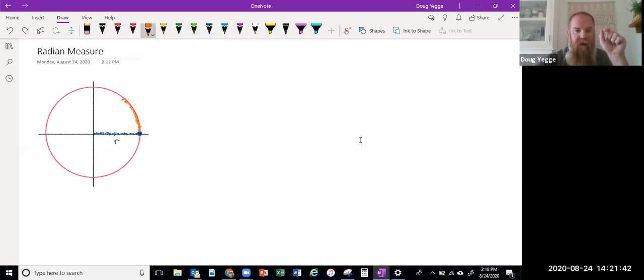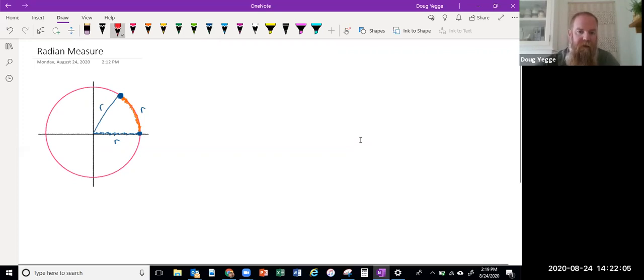Now the question is, where is that radius going to end? And it looks like it's probably somewhere around right here. So if I were to stop this radius wrapping around the circle, that would end up also connecting to the origin, giving me another radius, right?